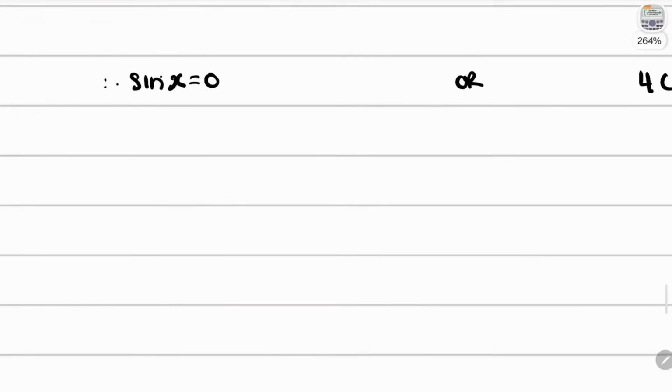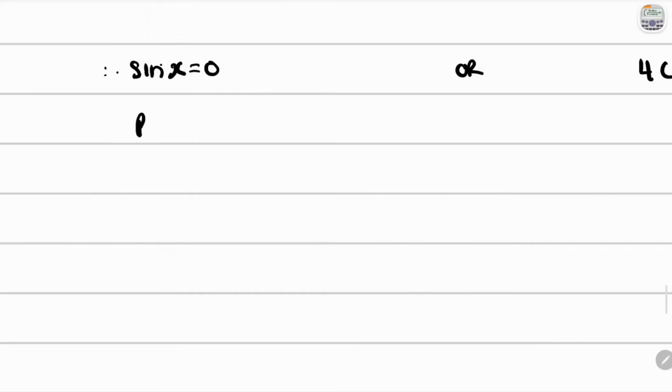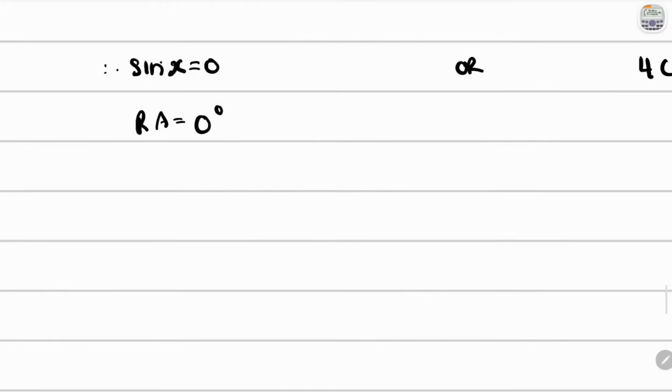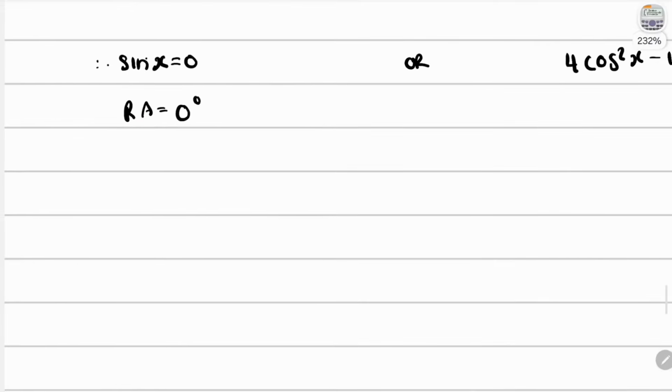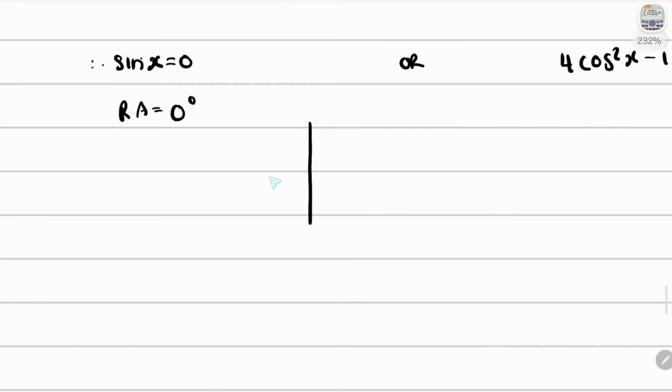Okay, so sine x is equal to 0. Our reference angle, if we say shift sine of 0, is 0 degrees. So since 0 degrees is a non-negative, since 0 is a non-negative number, we're going to use the reductions where sine is not negative, okay?